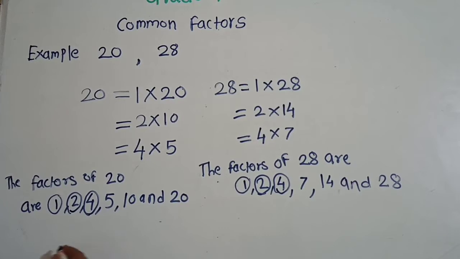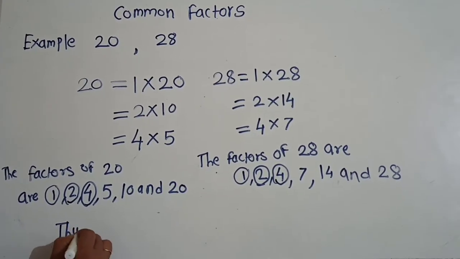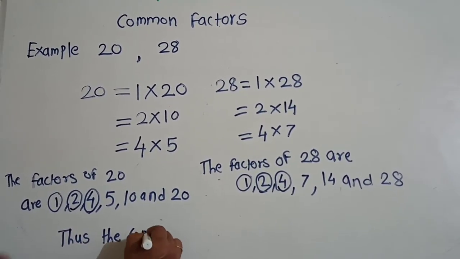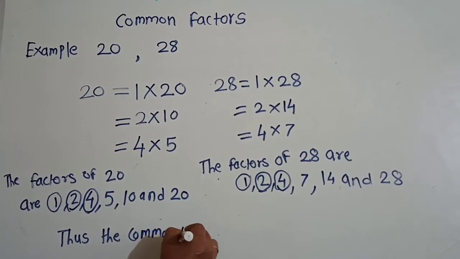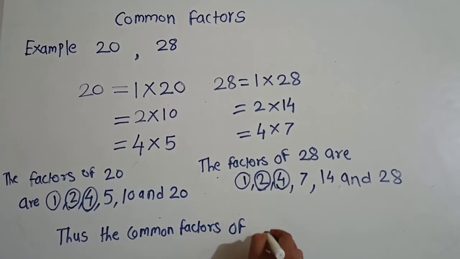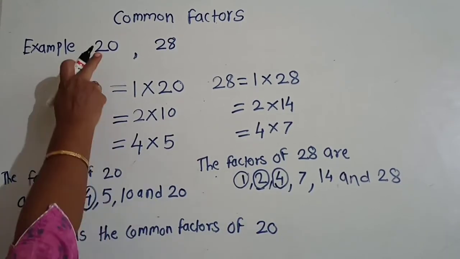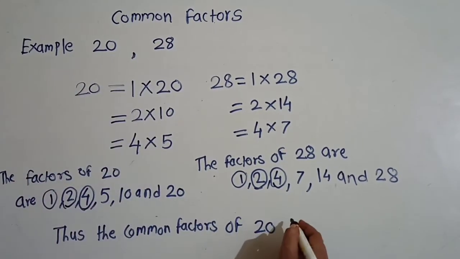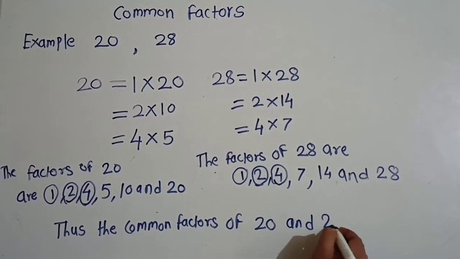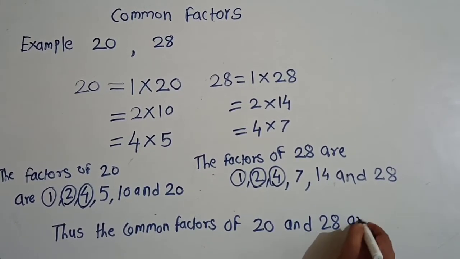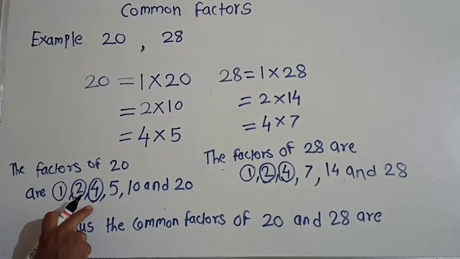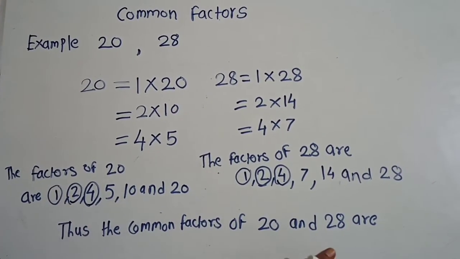So children, thus the common factors of 20 and 28 are this 1, 2 and 4.